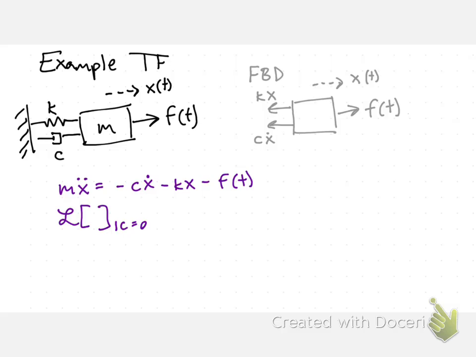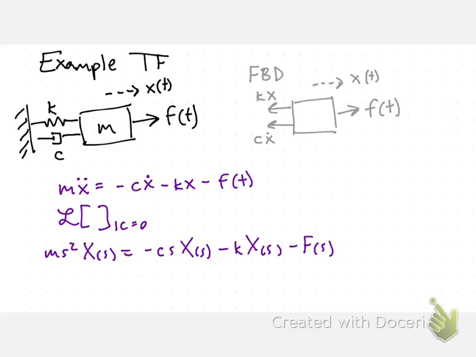So instead of having x double dot in the Laplace domain as s squared X of s minus s x of 0 minus x dot of 0, we're just going to say that x double dot becomes s squared times X of s. So the math gets really easy when we set our initial conditions equal to 0, because we're just going to have an s for each derivative, and we don't have to consider any initial conditions.